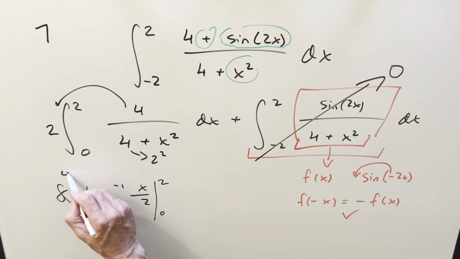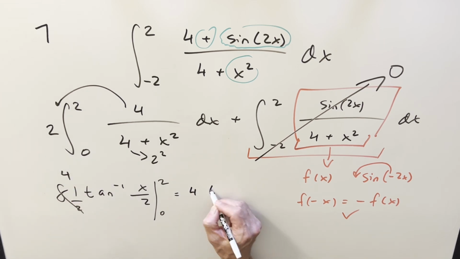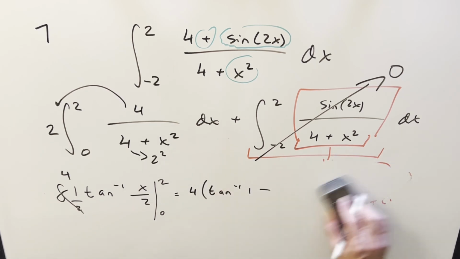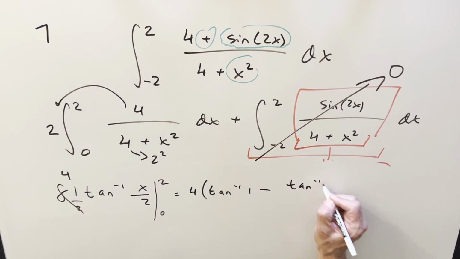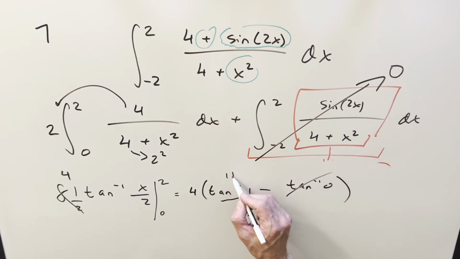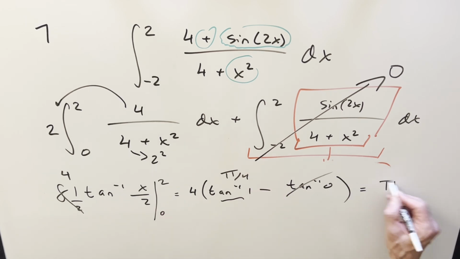Again, this thing is going to be a 4 in front. So simplifying it, we end up with 4 times arctan of 1 minus, plug in a 0, arctan of 0, but that's just a 0. Arctan at 1 is pi over 4. Distributing the 4, and for my final solution on it, we just get pi, and that's it.